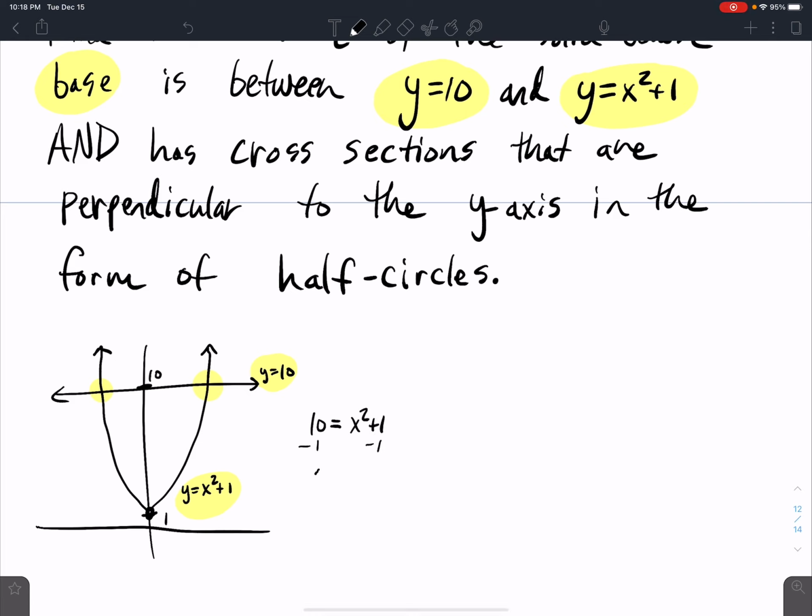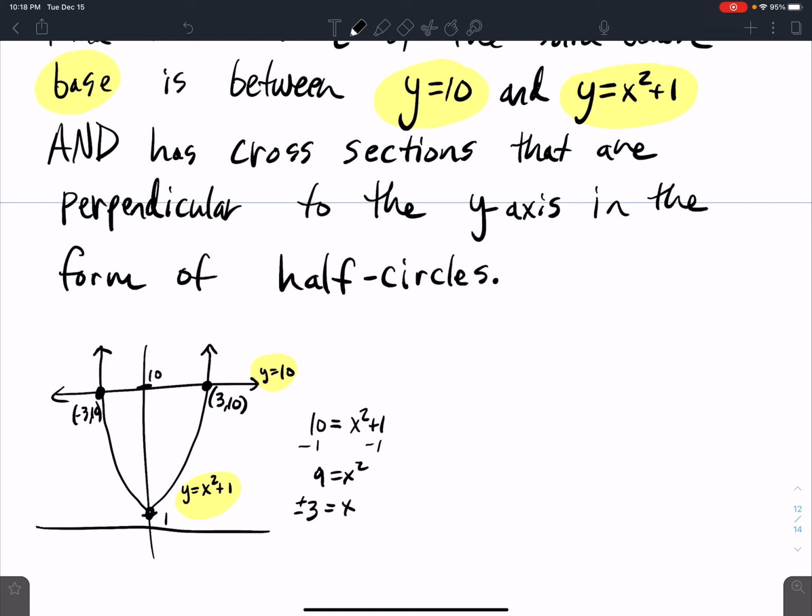Subtract 1 from both sides, 9 equals x squared. This is equal to plus or minus 3. So the intersections are at plus and minus 3 for the x value. It'd be 3 comma 10 here, and negative 3 comma 10 there.